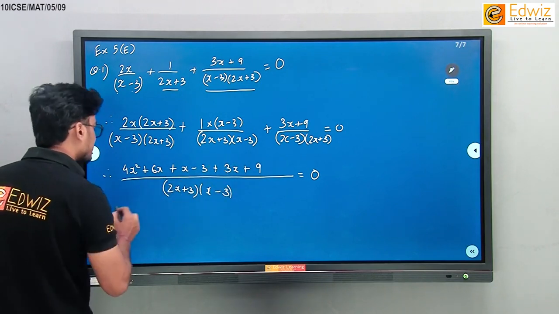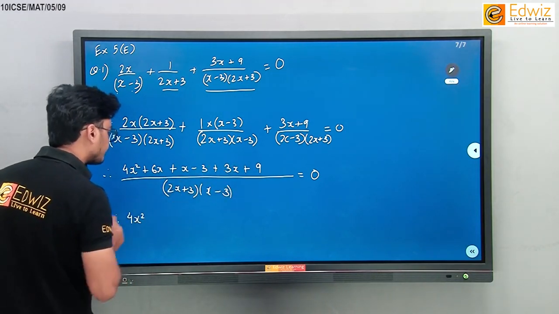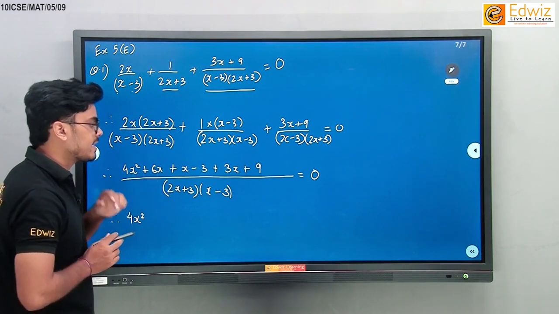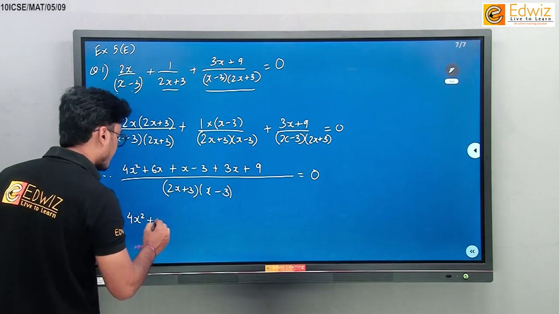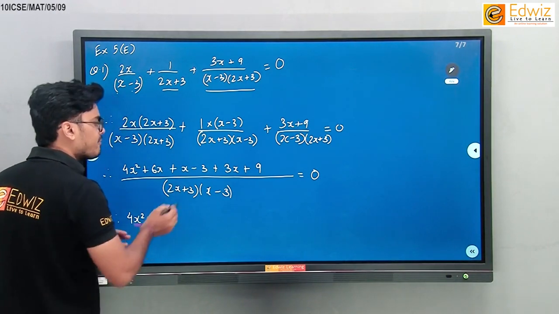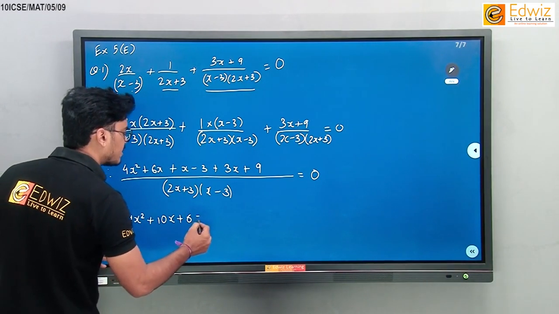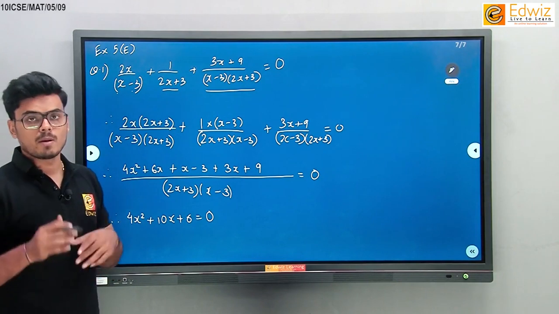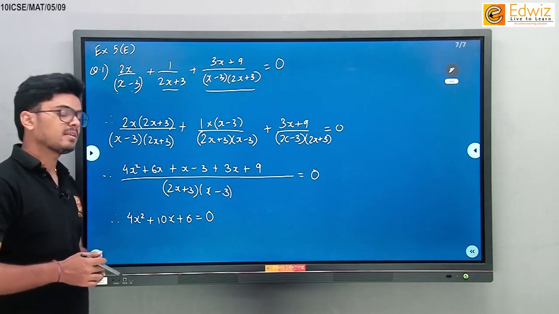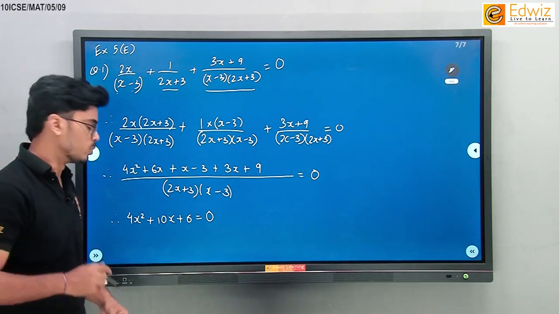So the only thing left is the numerator, that is 4x square as it is, 6x plus x is 7x, plus 3x is 10x, and then we have minus 3 and plus 9, so positive 6, equal to 0. This is the equation that we need to solve. But before that, this equation can be further simplified by dividing it completely by 2.